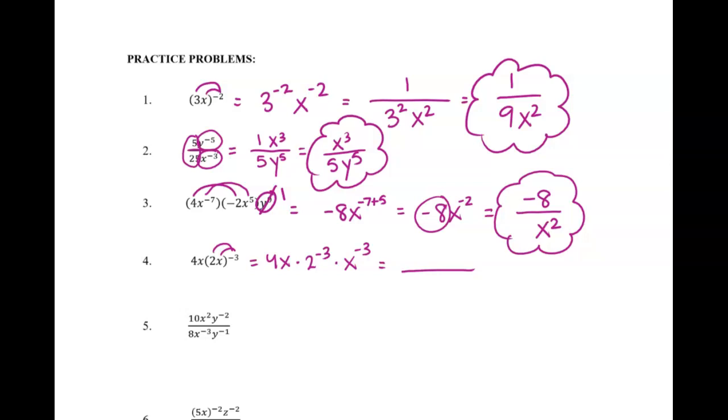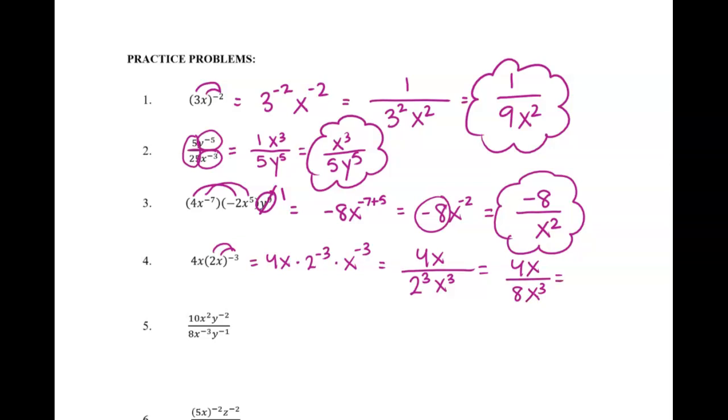The 4 and the x have positive exponents, or really no exponent, but they go on the top. 2 to the negative third, put it on the bottom, make it a positive exponent. X to the negative third, put it on the bottom, make it a positive exponent. So we end up with 4x over 2 cubed is 8, x cubed.